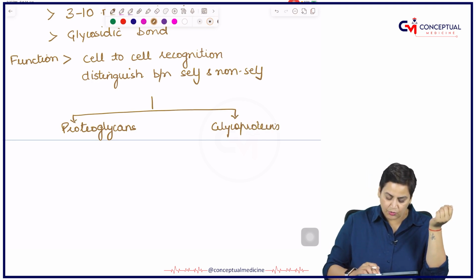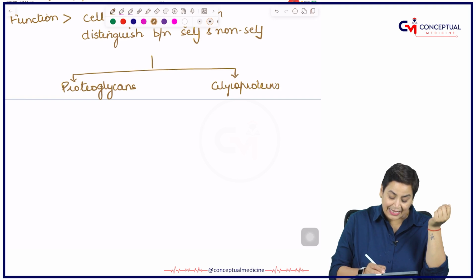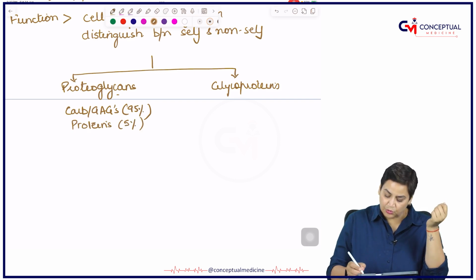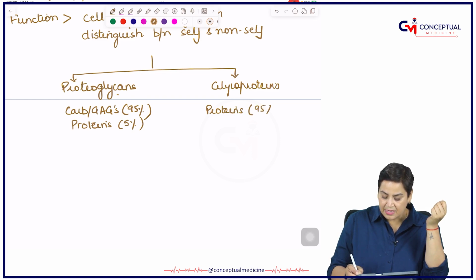So in proteoglycans, glycan means carbs, mainly GAGs, which are 95%, and proteins 5%. On the other hand, in glycoproteins, proteins are 95% and glyco, meaning carbs, are only 5%.